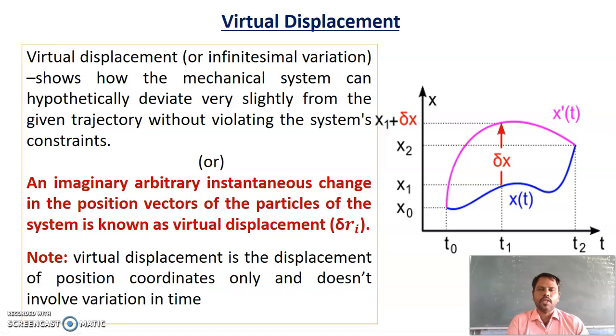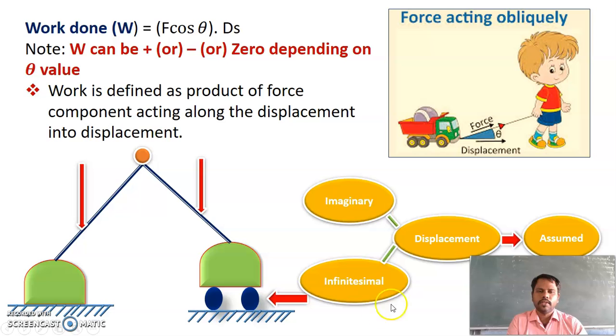An imaginary, arbitrary, instantaneous change in the position of a particle of the system is known as virtual displacement. Note, virtual displacement is the displacement of the position coordinates only and does not involve variation in time. So students, an imaginary, infinitesimally small displacement is assumed.